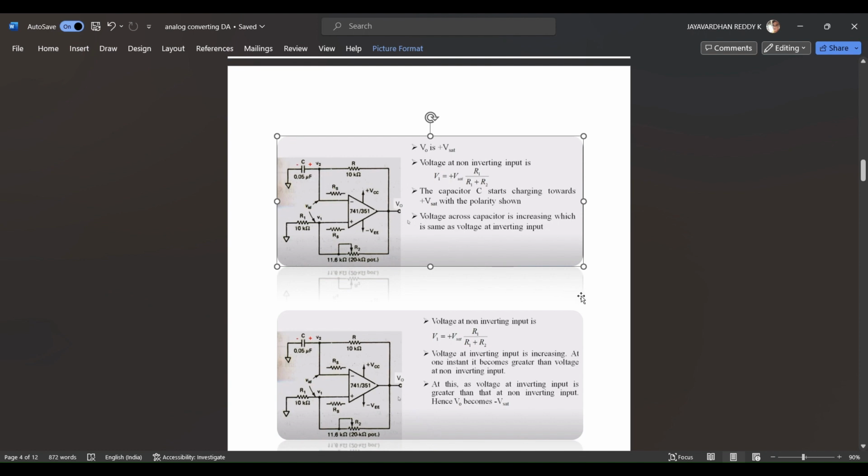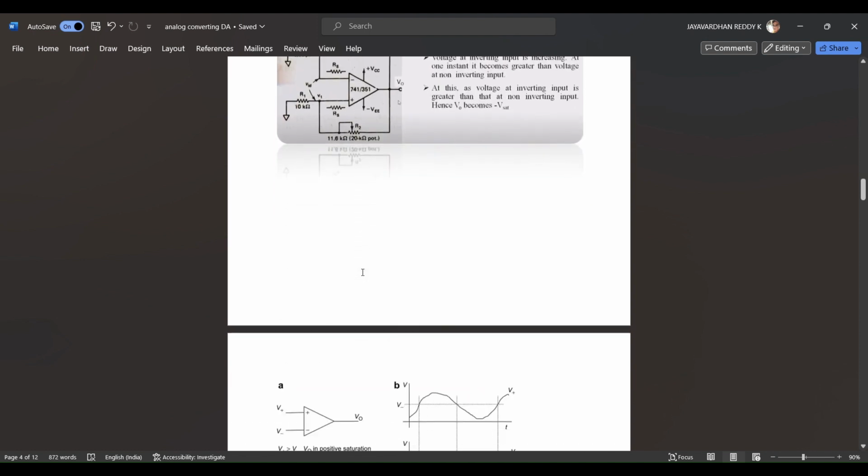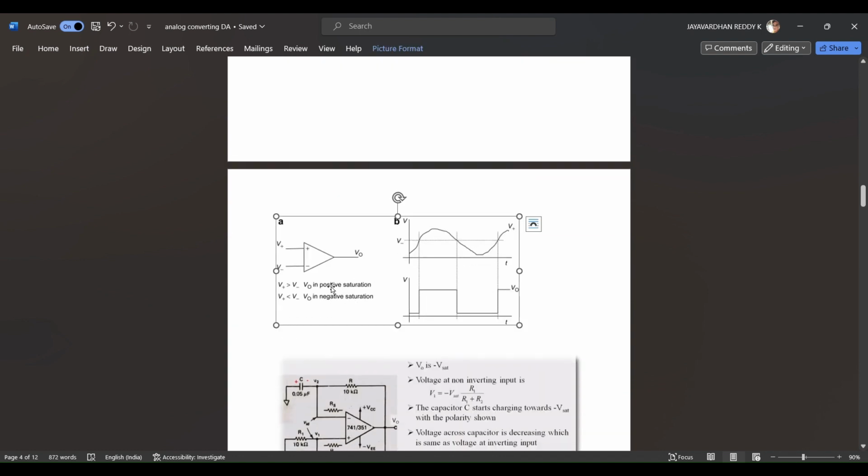At a particular instant of time, the voltage across this capacitor, which is the same as the voltage of the inverting terminal of the comparator, becomes greater than the voltage in the non-inverting terminal. As we know from the understanding of what a comparator is, when the voltage at the inverting terminal is greater than the voltage at the non-inverting terminal, we get a negative saturation voltage.